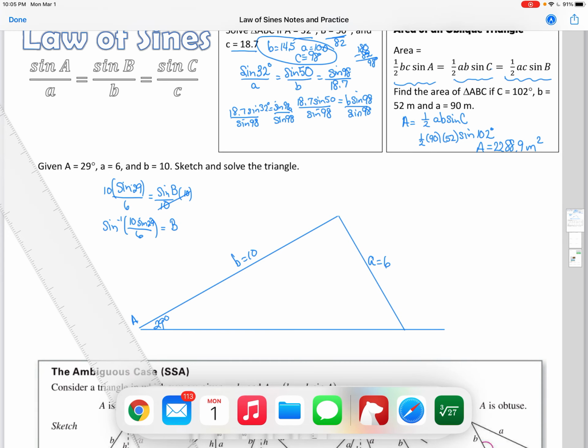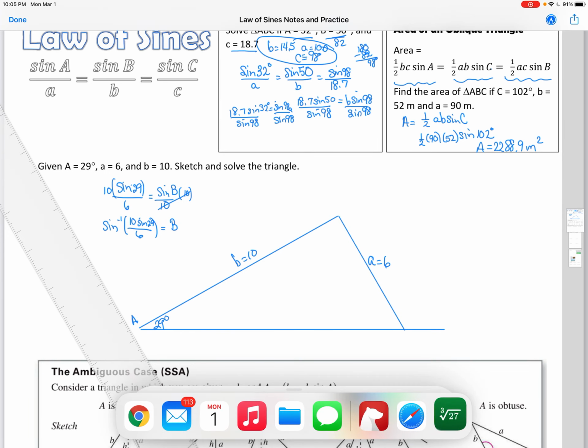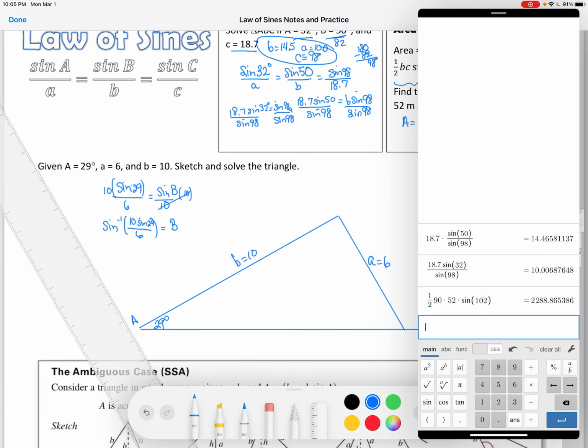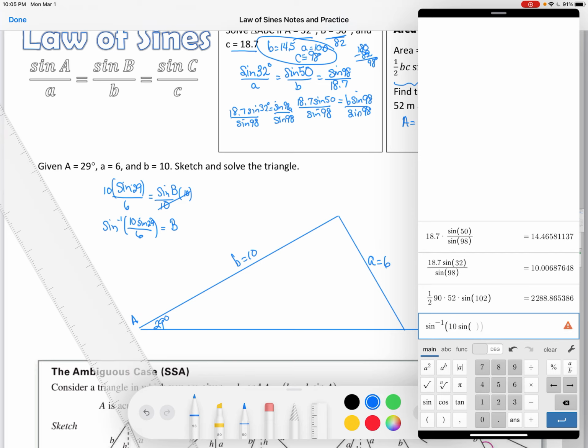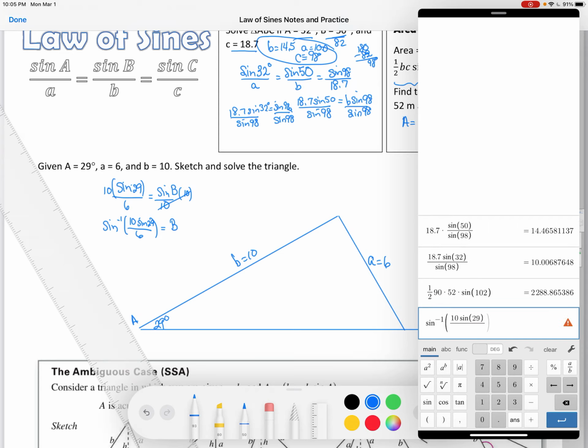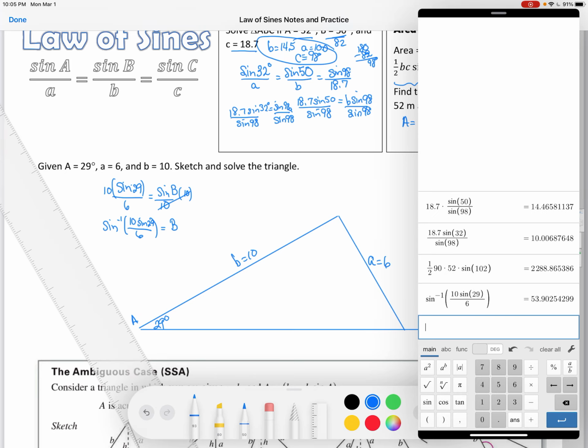All right, so here comes our calculator again. So inverse sine of 10 times the sine of 29 divided by 6 gives us a 53.9 degree angle.